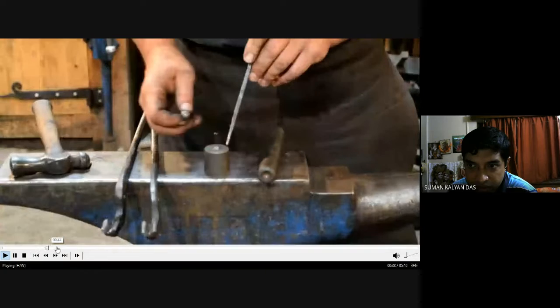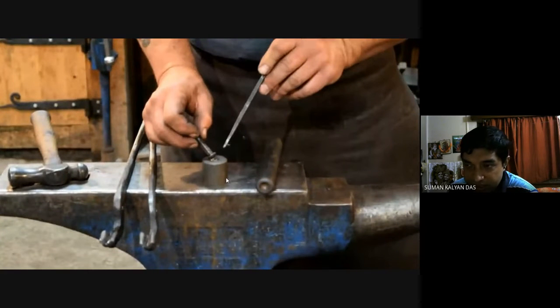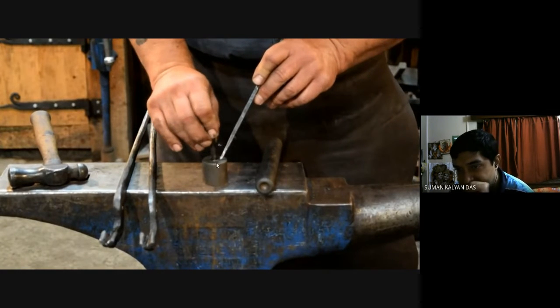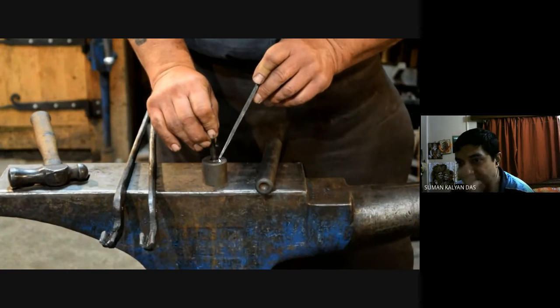Let me just rivet. So as you can see, this is the backup bar, as I was talking about. This has the cutout. This is the rivet that he is holding right now. The head exactly fits in the hemispherical cutout in the backup bar.